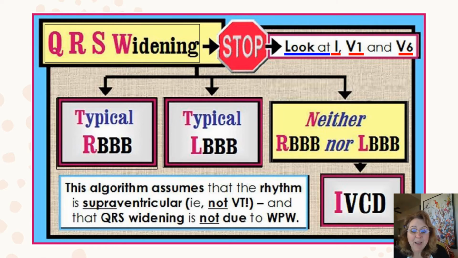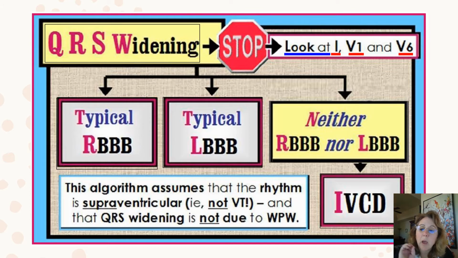So even though, how many rhythms are there that we learned? 23, maybe 24, somewhere in that. Now, when we start looking at these advanced components, the good news is that we have several things that we're going to look for, whether it be axis or bundle branch block or hypertrophy or etc. But there were only 4 axes, and there are now only 3 bundle branch blocks.